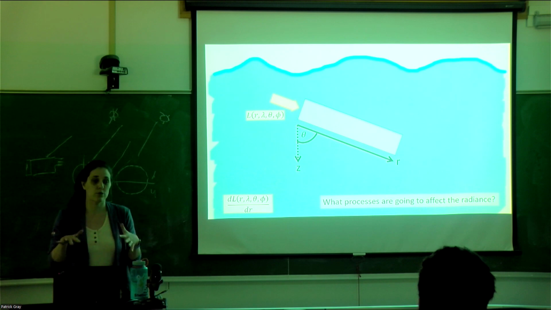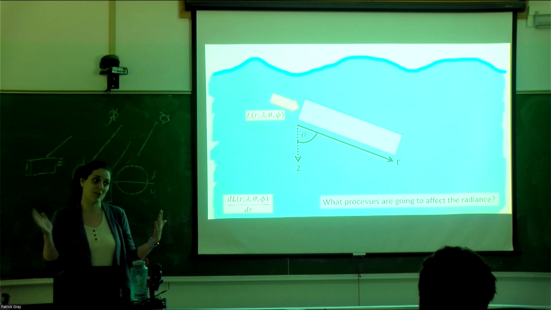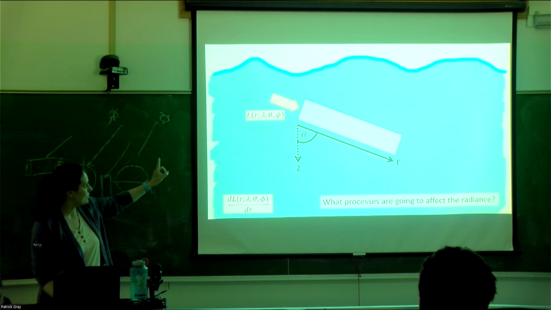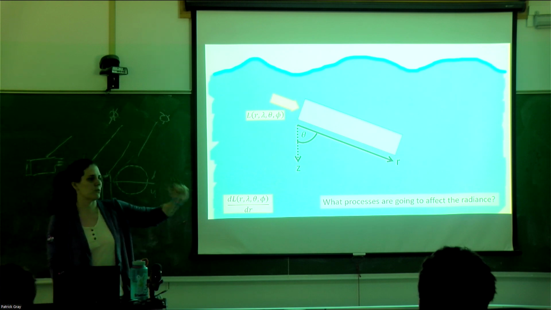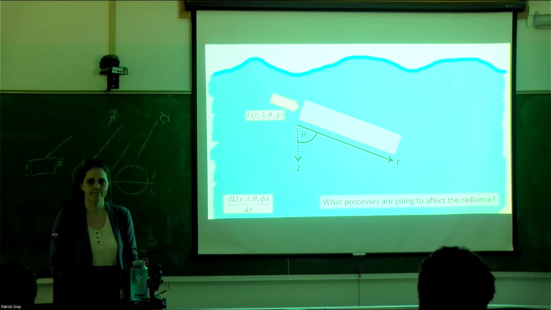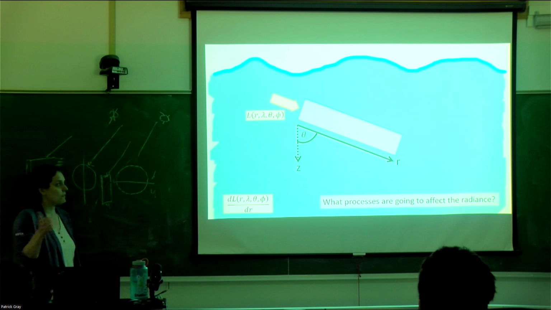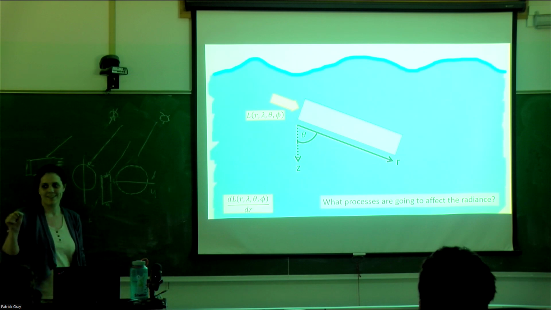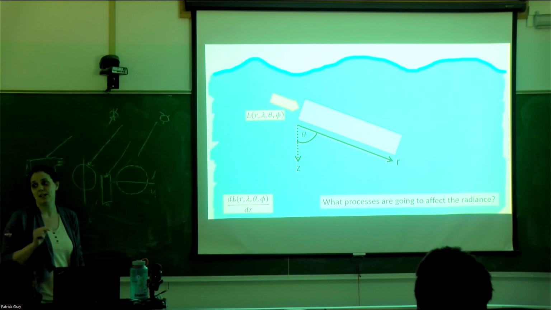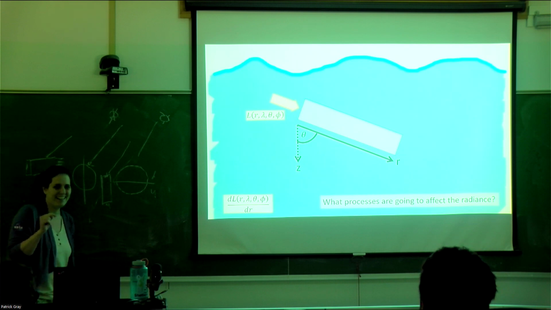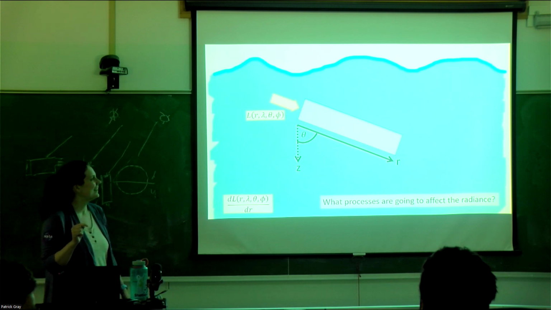Okay. And so if we think about what processes are going to affect the radiance, I have 6 processes written down. Can you figure out what all those processes are? So you've got your light, it's interacting with water. What processes are going to affect it? Scattering, absorption. Scattering in what sense? I have 4 different scatterings here. Reflection, refraction.